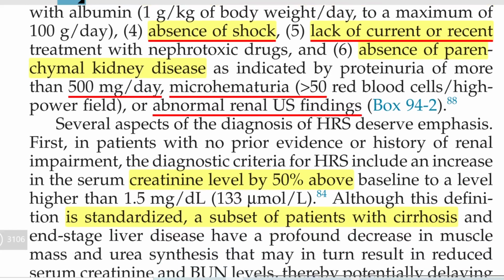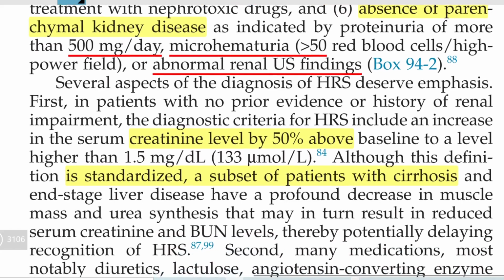First, in patients with no prior evidence or history of renal impairment, diagnostic criteria for HRS include an increase in the serum creatinine by 50% and above to a level higher than 1.5 milligrams per deciliter.